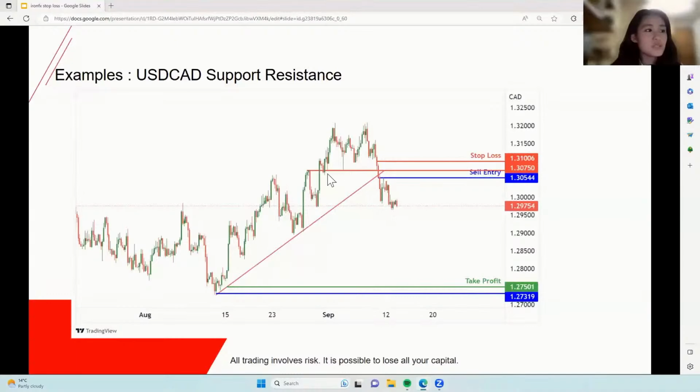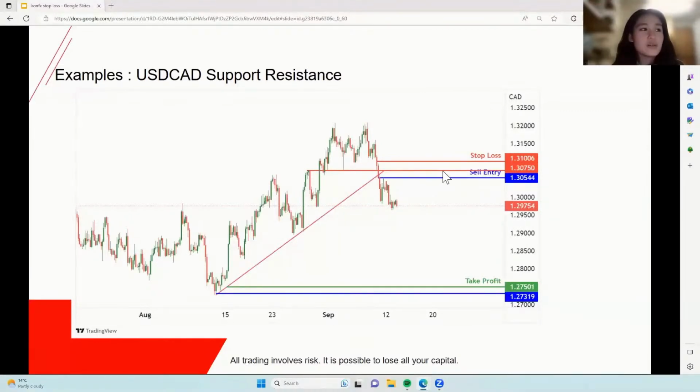The red and the blue lines, the lines that are not indicated as stop loss, sell entry, and take profit, are pretty significant because we have an overlap resistance here. As I mentioned earlier, an overlap is a swing high and a swing low that line up at the same level. So that's our red line.